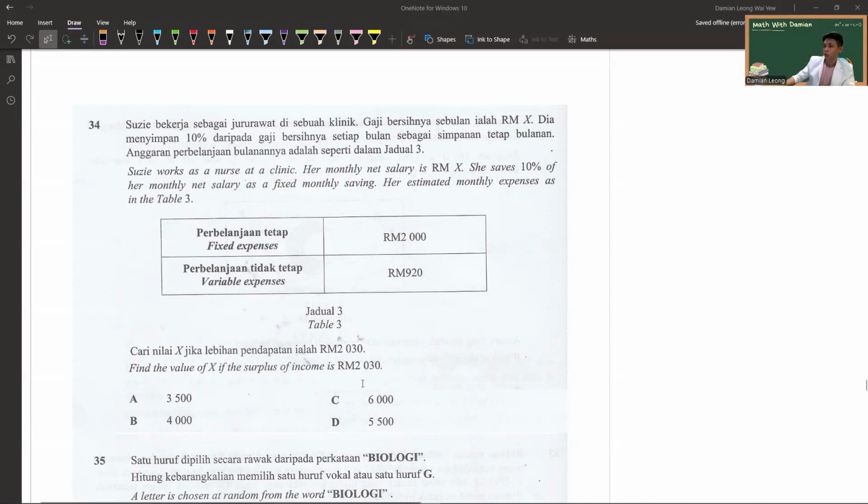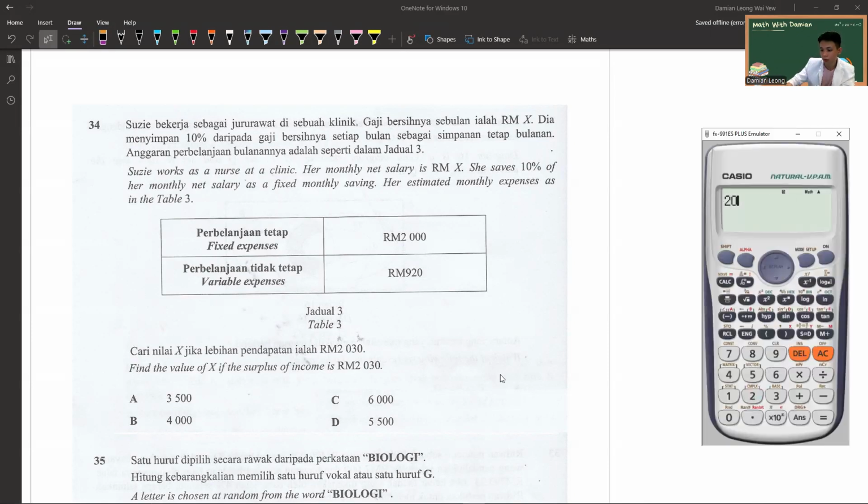So surplus is 2,030 ringgit, means we take 2,030 plus the fixed expense plus the variable expense, 4,950, which is the income after the fixed monthly savings.